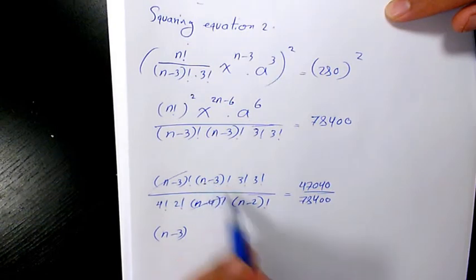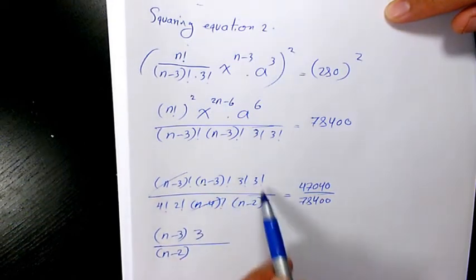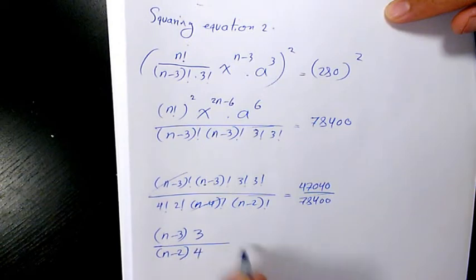N minus 3, and here you can write n minus 2 in the denominator. 3 factorial with these two cancel out is going to be 3. 3 factorial with 4 factorial is going to be 4.